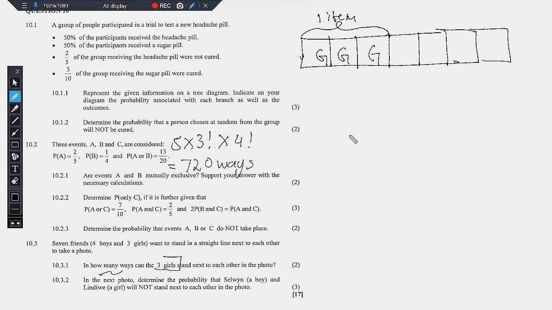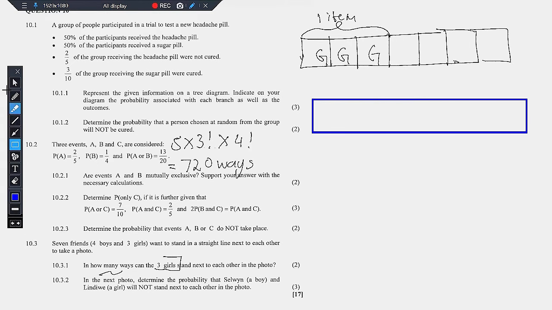So that's one item. So that means in our mind, the spaces that we now have to fill are only 5, because remember, we just took this one as one item. So that means we have 1, 2, 3, 4, 5, right? So we only have 5 spaces to fill, right?